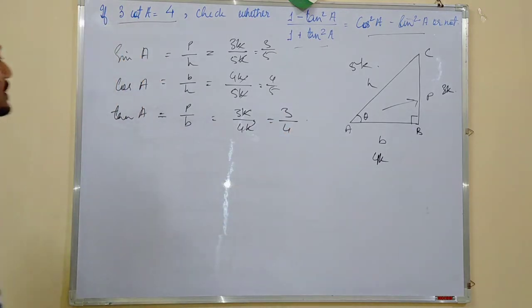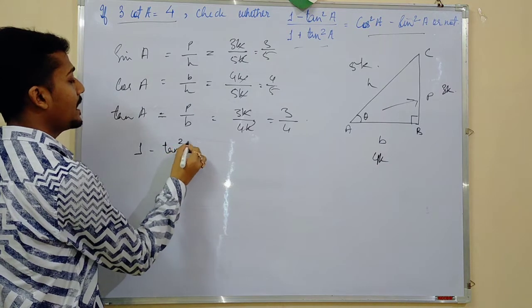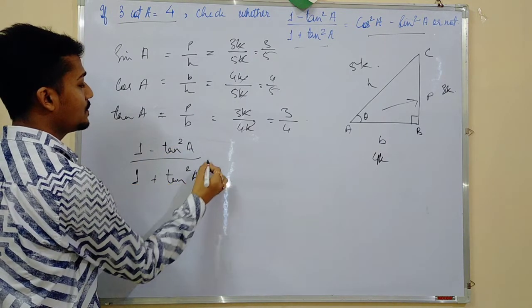With this we have got the values of sin A, cos A and tan A, is it not? Now you just tell me (1 minus tan square A) by (1 plus tan square A) is equal to how much?